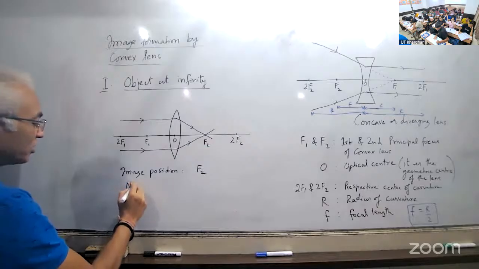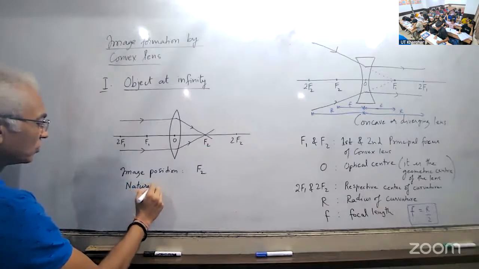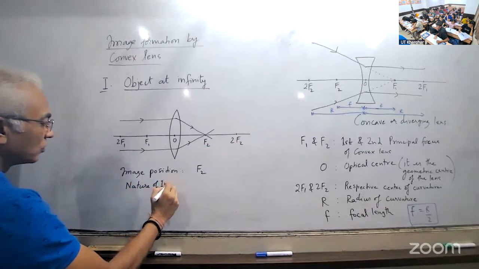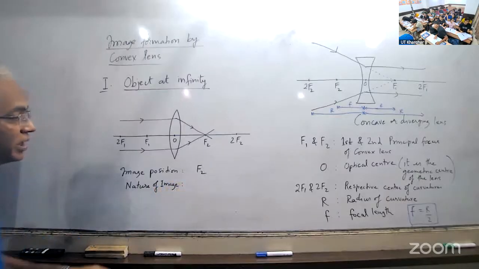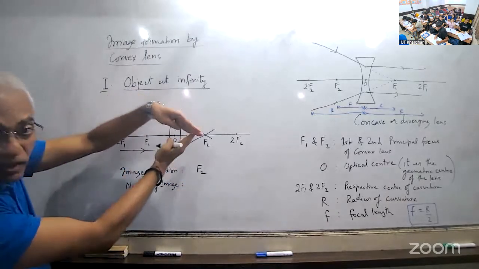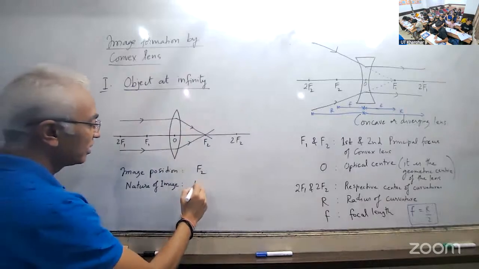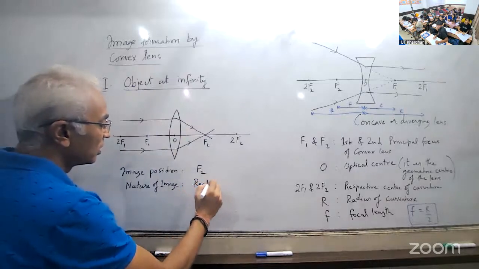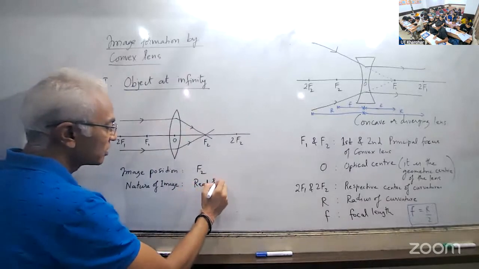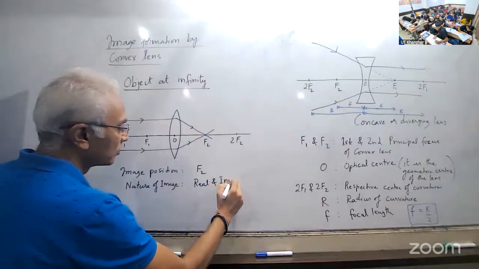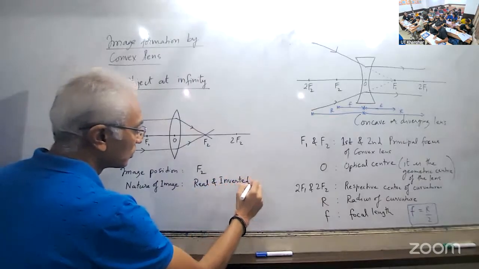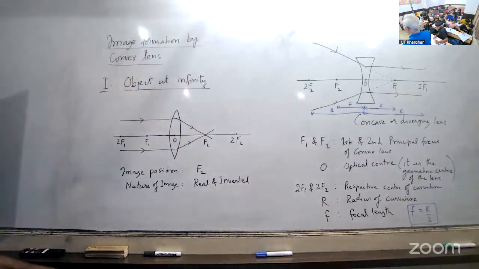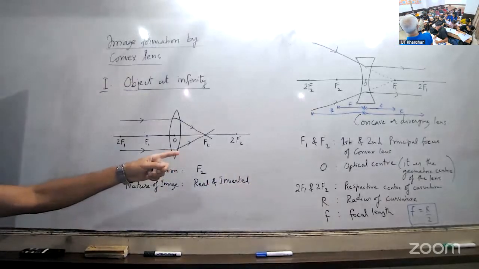Nature of image: the rays are physically meeting each other, so it has to be real. And when the image is real, it is always inverted. And it will be highly diminished, or diminished to a point.